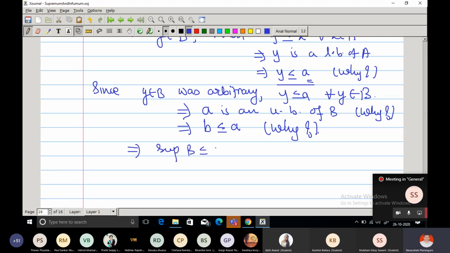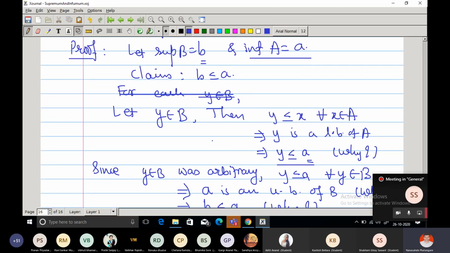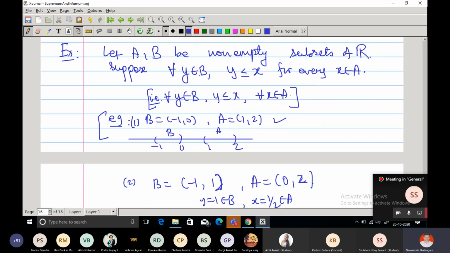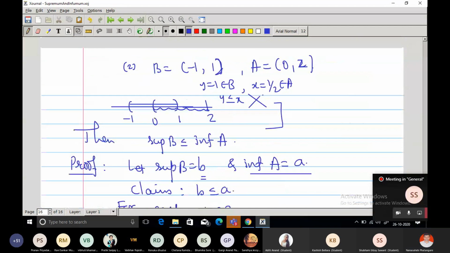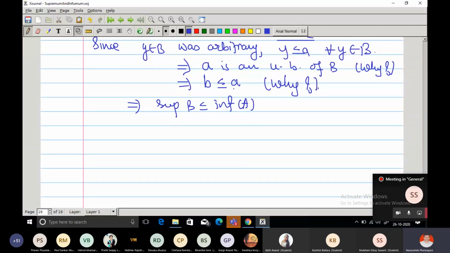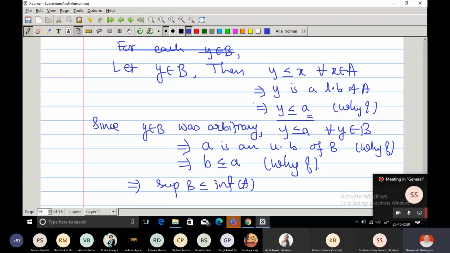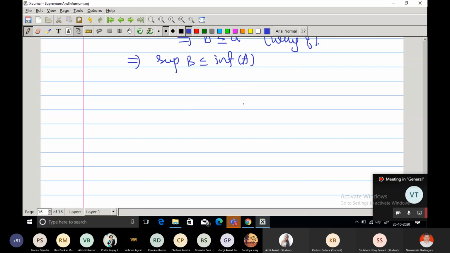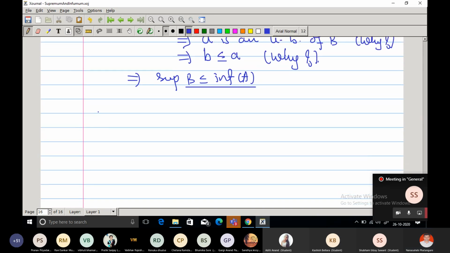Supremum of B is less than or equal to infimum of A. This is a general proof, whatever your sets. Once your sets satisfy the condition that every element of B is less than or equal to every element of A, then supremum of B is at most infimum of A. This is clearly a general proof, not about particular sets A and B. Any doubt? Is this clear? Yes, sir.